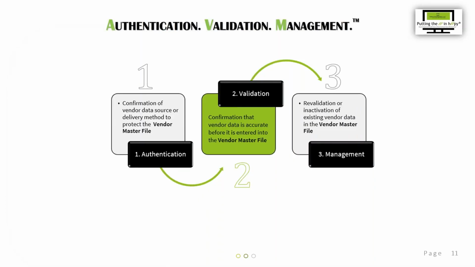So this is just going to be real brief. It's one slide. The first step is authentication, which is the confirmation of vendor data source or the delivery method of the vendor documentation. So the data source is who is sending, and the delivery method can be email or vendor portal or fax or even hard copy.